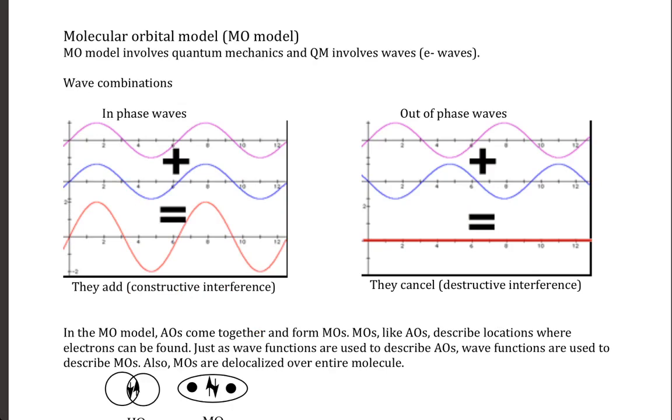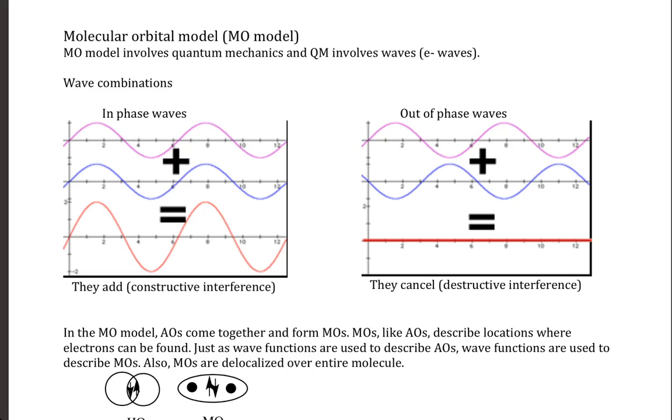But we will see a little bit of the ideas behind the theory of it, but mainly we'll just see how to work with it. And if you go on and study more chemistry, you will get more into the theory of it. So the molecular orbital model involves quantum mechanics. And quantum mechanics involves waves, namely electron waves.